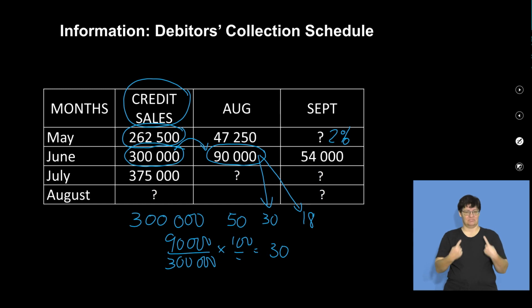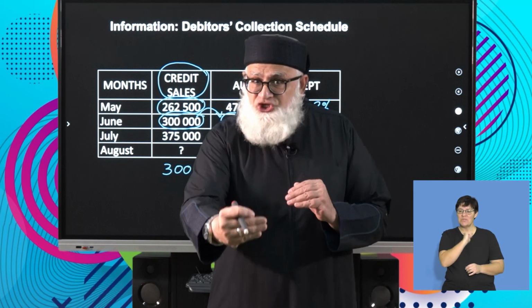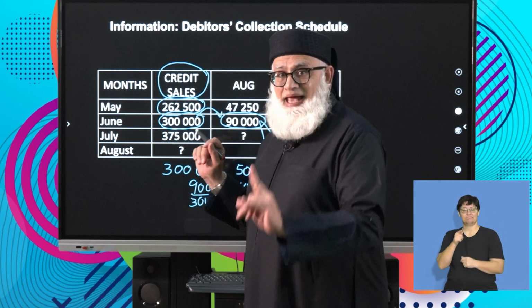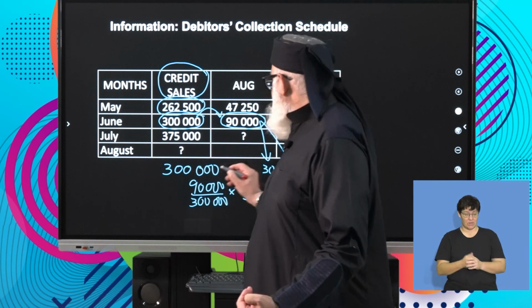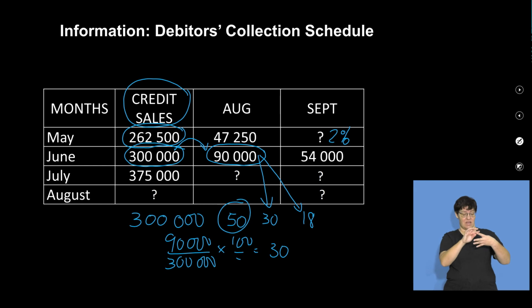So, accounting boffins out there, you had to use the given information in order to determine your trend. And as we have now seen, our trend is what? 50% in the month after the month of sale. Thereafter, it's 30%. The month thereafter is 18%.